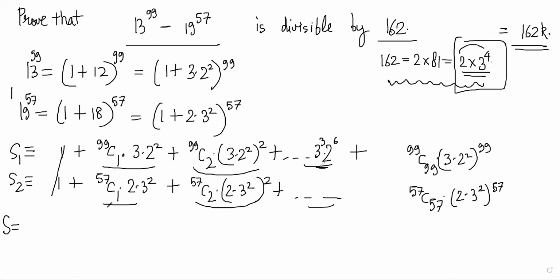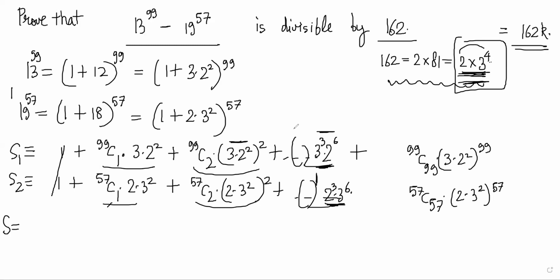Here the powers will become 3 power 3, 2 power 6. Here the powers will become 2 power 3, 3 power 6. So when the powers are higher, you will always be able to take this much common. When you have a subtraction of something multiplied by this, you can take this common, because the powers are greater than 4 for 3 and 1 for 2, right?